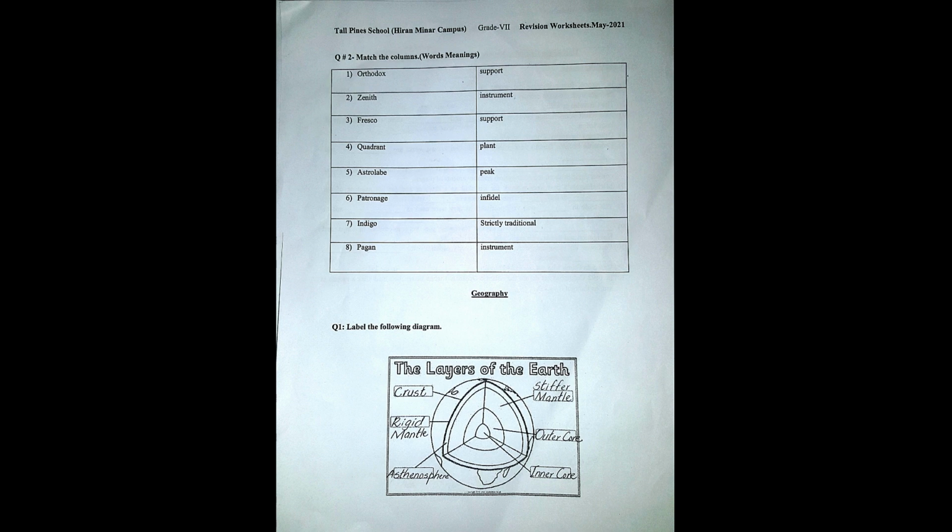So these are the layers of the earth. These layers are crust, rigid mantle, asthenosphere, stiffer mantle, outer core, inner core.